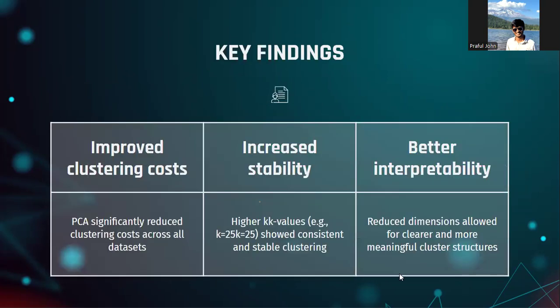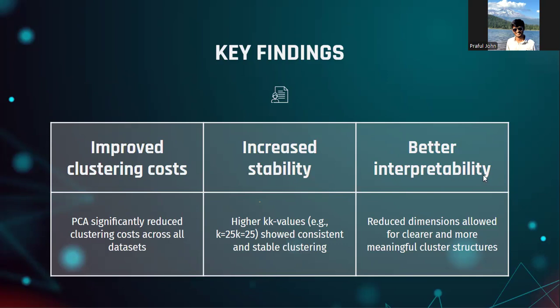Now, what are the key findings? It improves the clustering cost, and PCA significantly reduces cost compared to traditional k-means. It increases stability, as higher K values, that is K equal to 25, showed consistent and stable clusters.